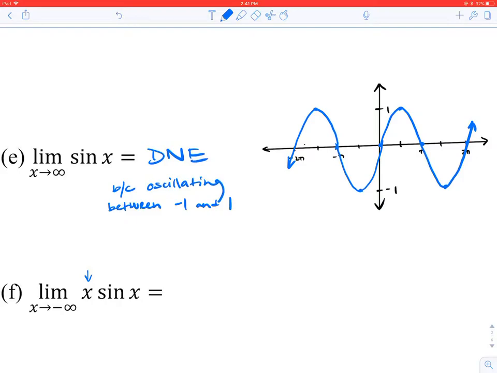Sorry about that. So you guys know what the graph of y equals x looks like, and you know what the graph of sine of x looks like. So sine of x bounces back and forth between negative 1 and 1. Well, let's think about substituting smaller and smaller values in for x. Basically, this piece would be giving us values between negative 1 and 1, and then this piece will just keep getting smaller and smaller and smaller.